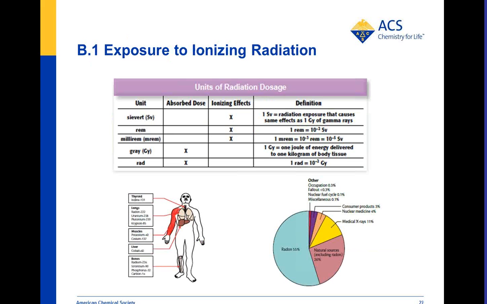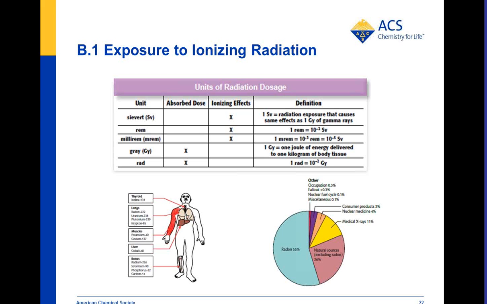In B1, it's an excellent unit. You don't see this so concise in very many textbooks, but it compares the units of ionizing radiation. And there are many different types of ionizing radiation, so this goes through the different types.